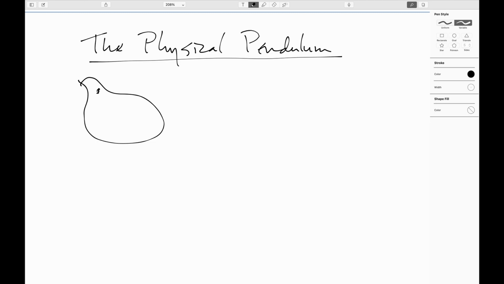Something like that, let's say there's your axis of rotation right there. And let's say the center of gravity is located here somewhere. So that's the CG.